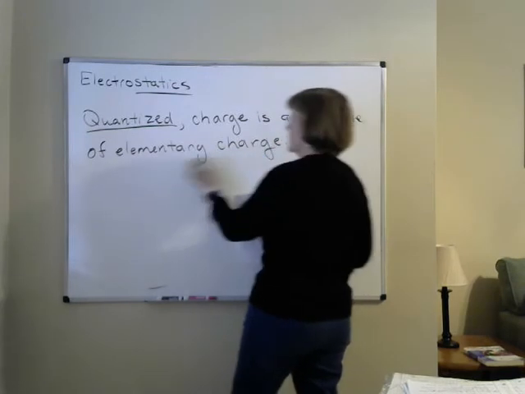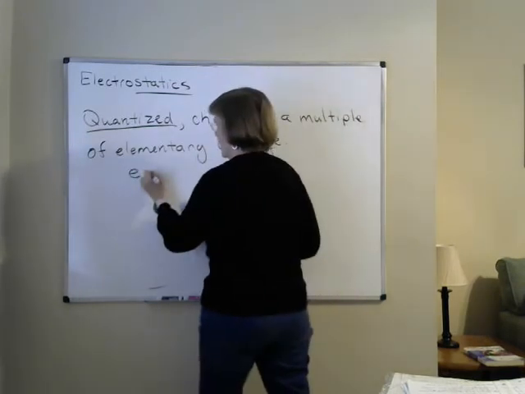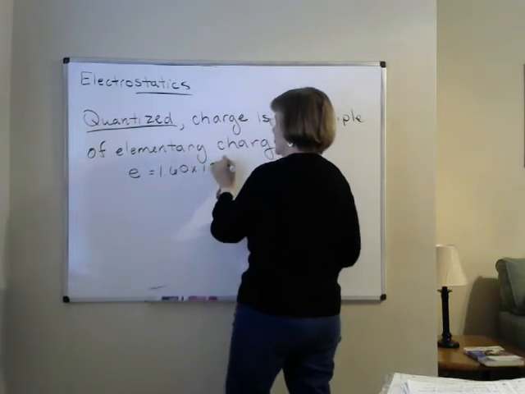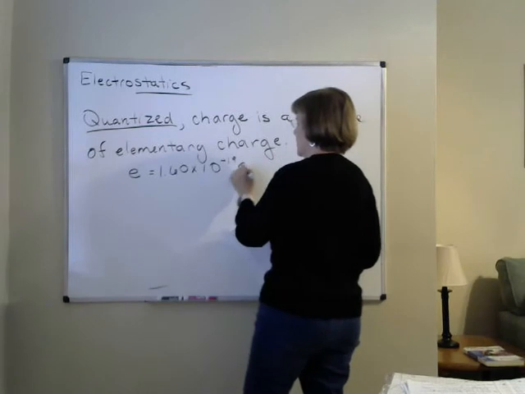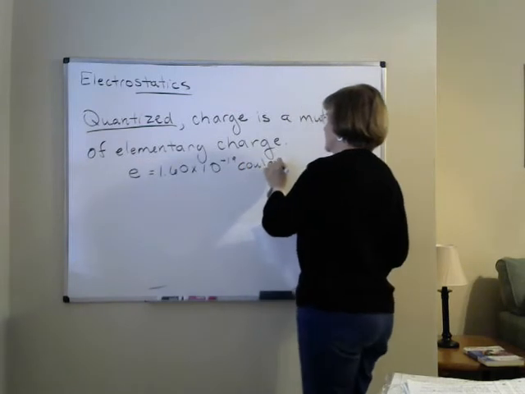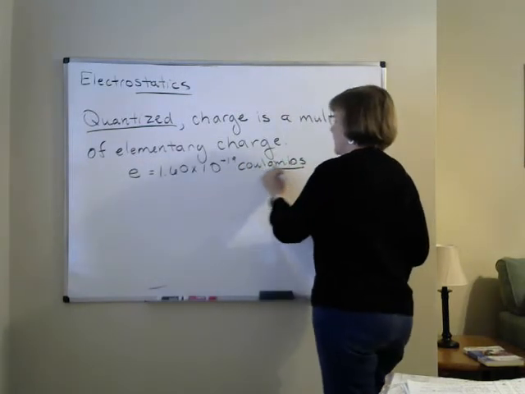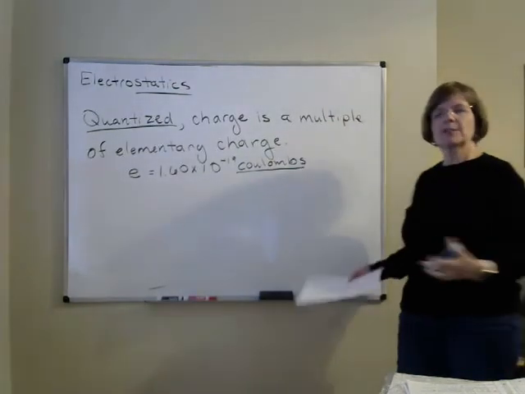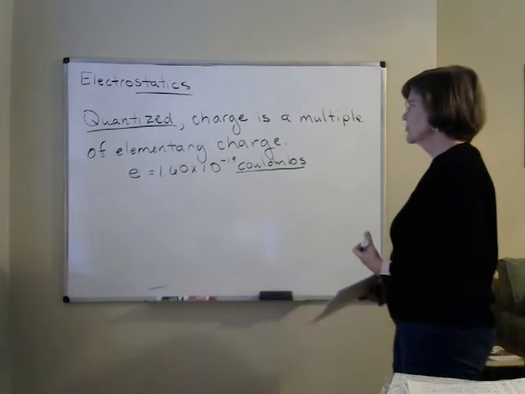And this elementary charge is called E, and it's equal to 1.60 times 10 to the negative 19 coulombs. The coulomb is our SI unit of charge. We have a brand new thing to measure now, and that's charge.